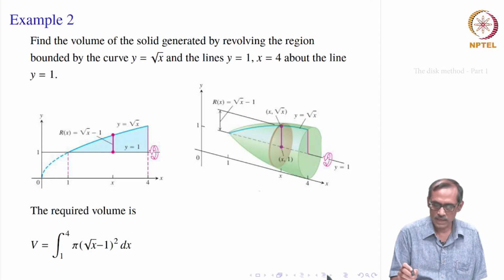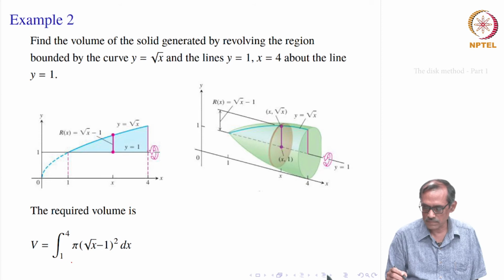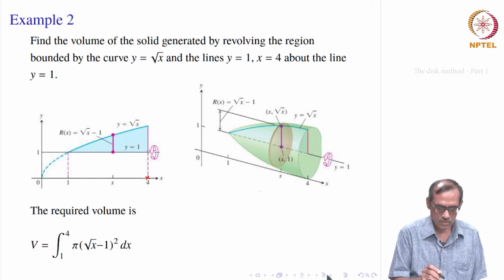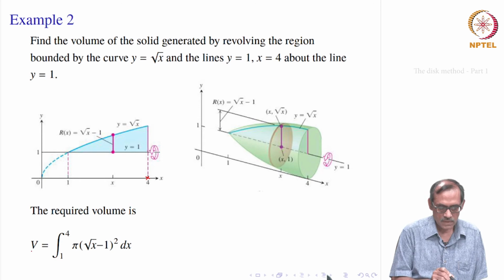And that is to be integrated from where? It is the line y equal to 1, and what is the other limit? Since y equal to 1, x equal to 4 is the other line. So, what are the limits of the integration?